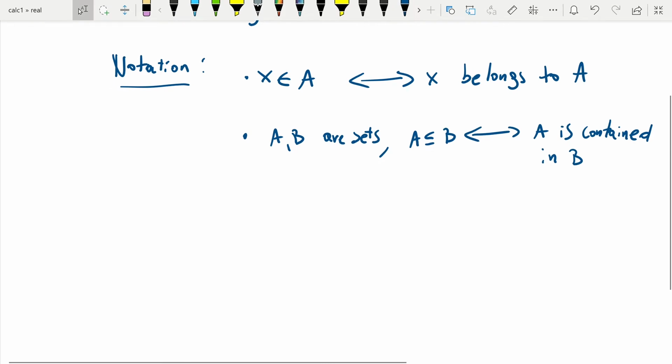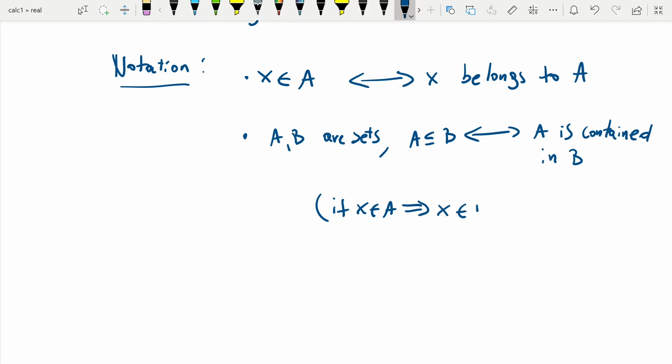In propositional logic, this is equivalent to saying that if x belongs to A, this implies that x belongs to B.